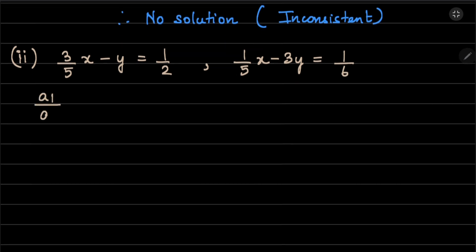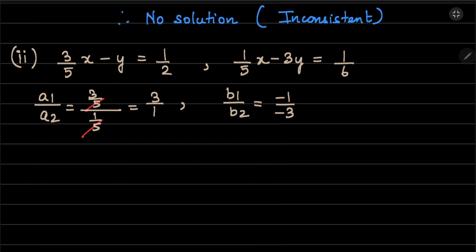Let's take our A1 by A2 ratio. It's 3 by 5 whole divided by 1 by 5. The 5 gets cancelled, and what is left is 3 by 1. B1 by B2 is minus 1 by minus 3, which is 1 by 3.